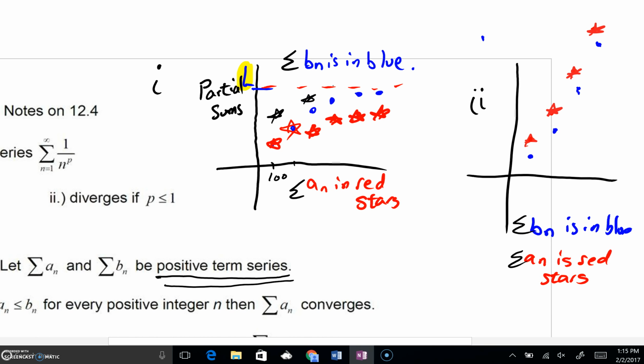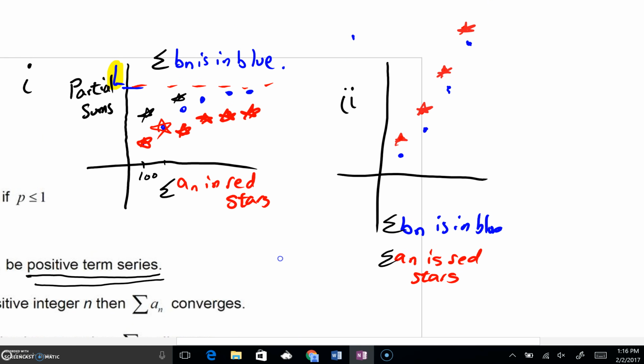So now I'll go to black stars. Are we guaranteed that black stars have to level off if I just know that a sub n is bigger? No, it's in the realm of possibility that those black stars could just all of a sudden launch off and start going higher and higher and higher. So if you know that b sub n converges, but a sub n is actually larger, we just don't know.